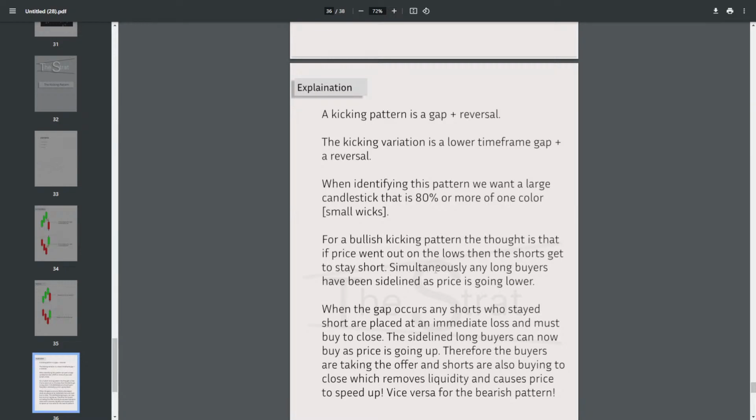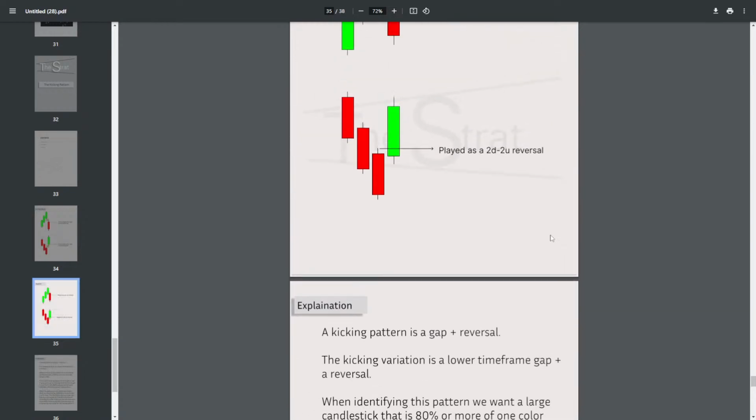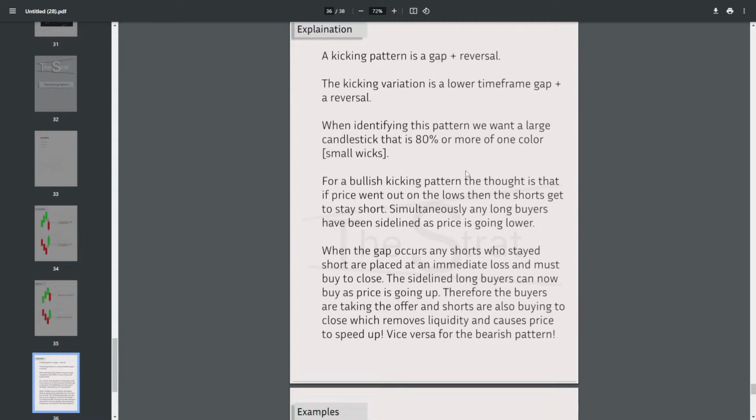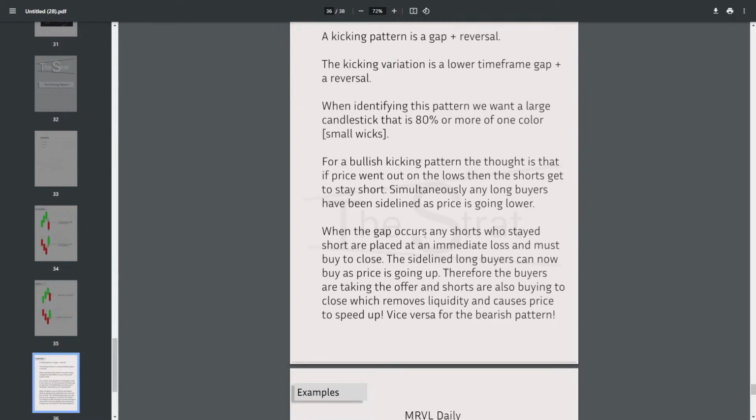And then simultaneously, any long buyers have been sidelined because price is going lower, so they can't buy. It's going down. So when you look at this, price is going down. If you're a buyer, you're stopped out, or you're in a deep loss. So no one in here is a profitable buyer. So when the gap occurs, any shorts who stayed short are placed at an immediate loss and must buy to close.